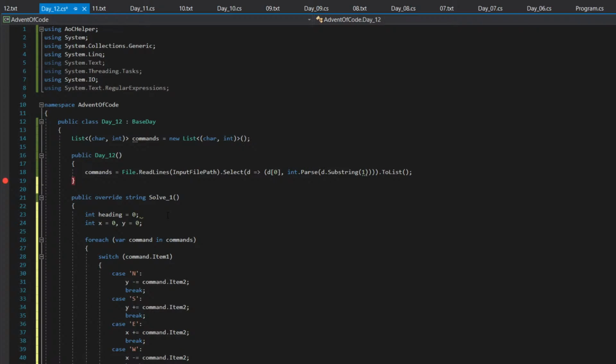I guess that's fine. All right, if heading equals 0, no, we are not in Python. If heading equals 0, how can we simplify this?